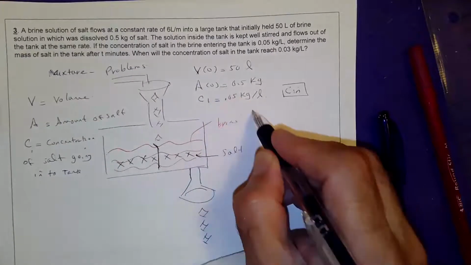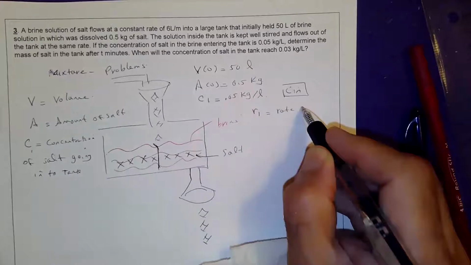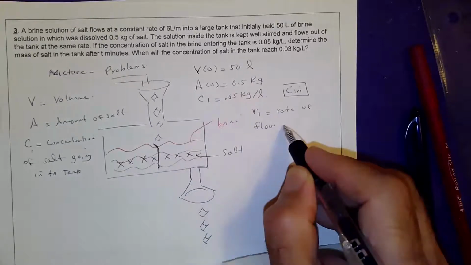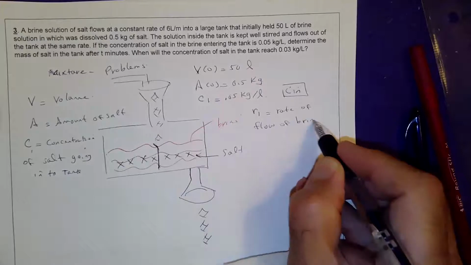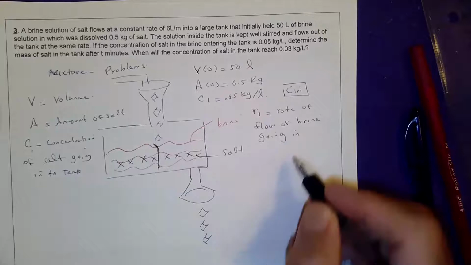Okay, so guess what? We're going to show R1, which is the rate of flow of brine flowing in.